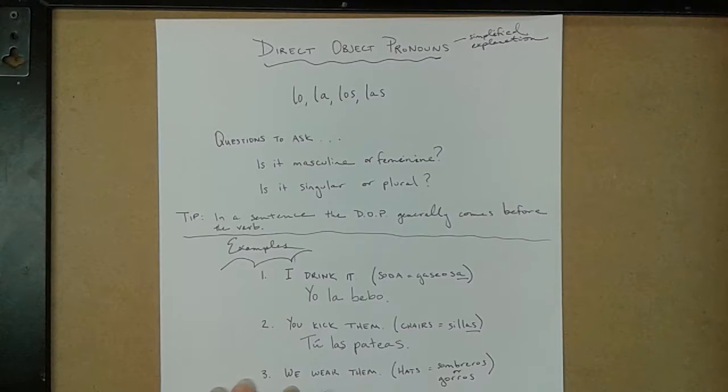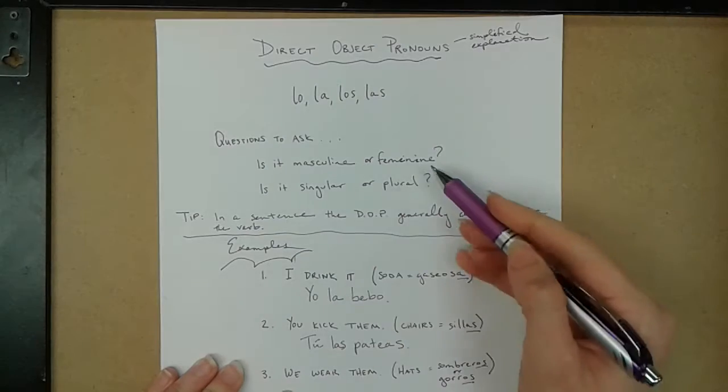All right, we wear them. And them here, we're talking about hats, which could be sombreros, if you're talking about that sort of hat, or gorros, if you're talking about more just like a winter hat or a baseball cap. Depending on what country, you'll use different words anyways. All right, so we wear them. Hats, whether it's sombreros or gorros, OS, masculine or feminine?